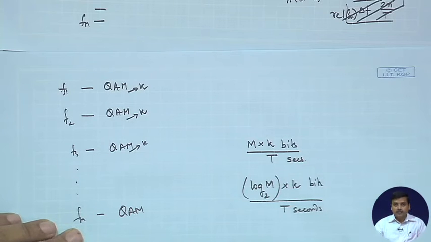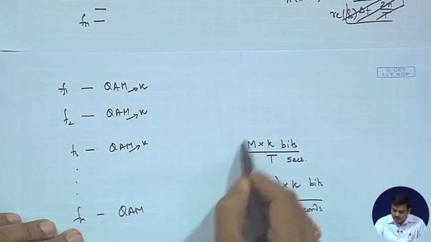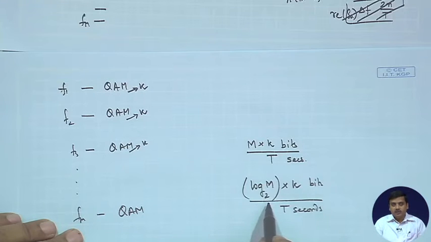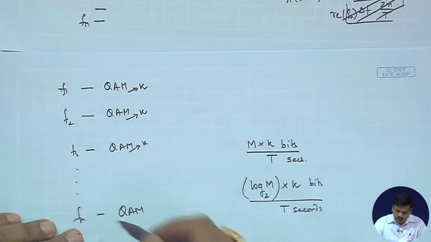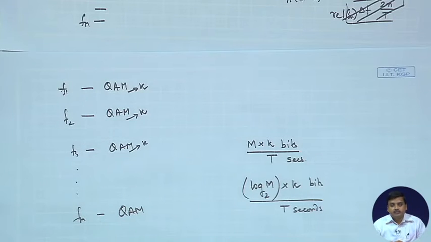So, definitely what you can see is this number is greater than or equal to this number, right. So, this number is greater than this number. So, by doing this you can actually send more bits per second than by doing a selection. But of course, we will see at a later time there is another advantage of doing the frequency shift keying, which will be evident when we discuss further on error probability and compare the different modulation schemes.